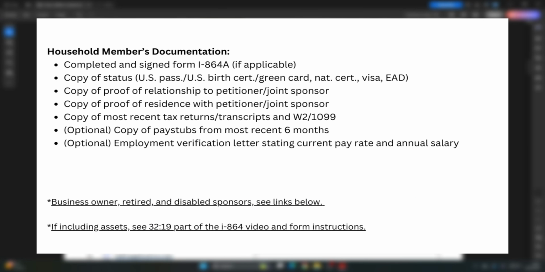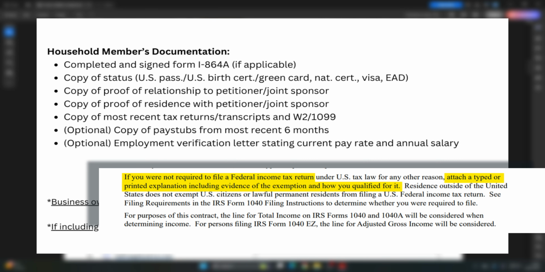After you provide proof of your relationship, you will then have to provide proof of your income tax returns that you filed for at least the most recent tax year, as we discussed here. Unless you were not required to file tax returns, then you would need to attach some kind of explanation showing why you were not required to file.